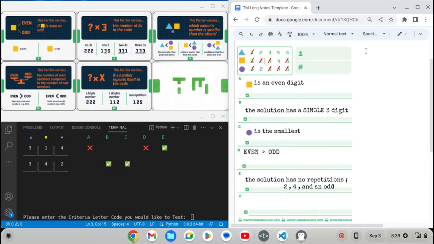And of course, we do have that 3 in our solution, which means that triangle is the 3-digit. So let's go ahead and cross out everything but 3. And so the solution seems to be 342. So let's go ahead and type that up. Sorry, it's lagging a little bit.